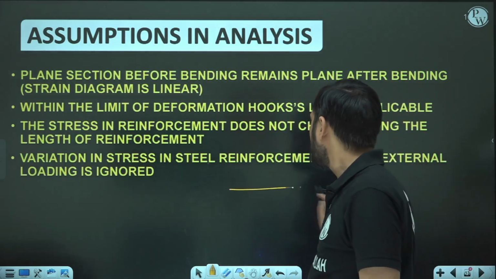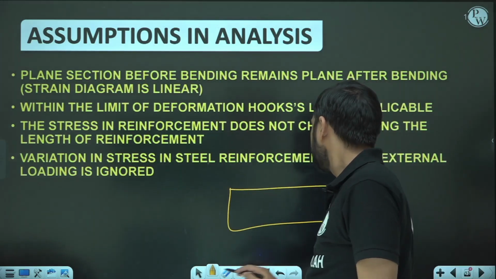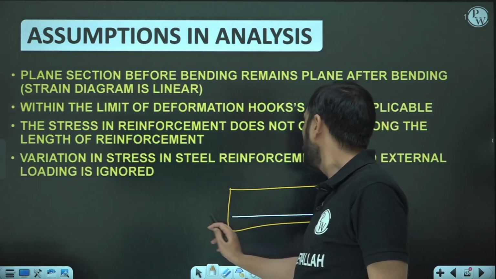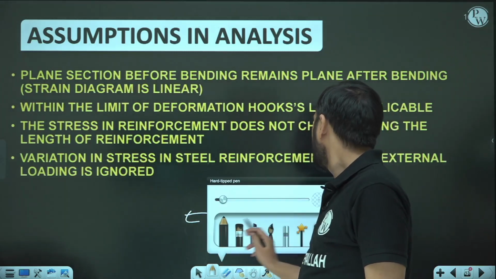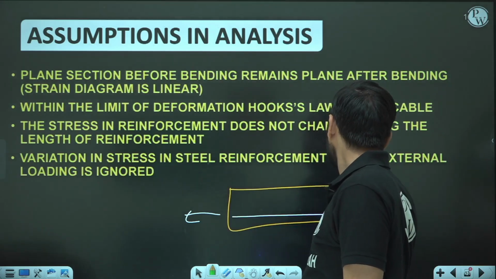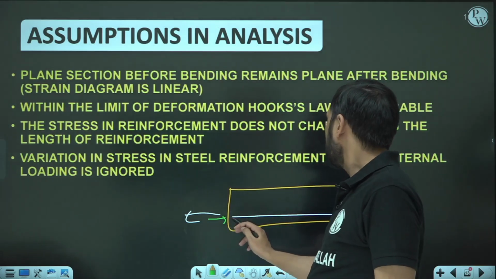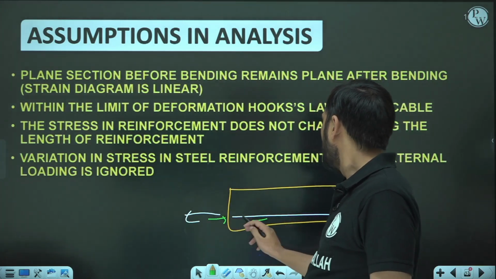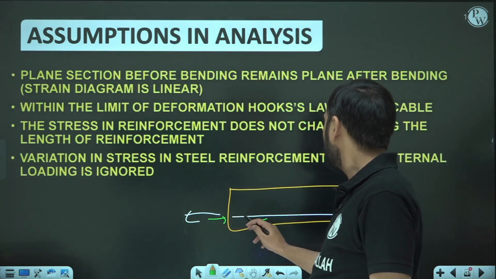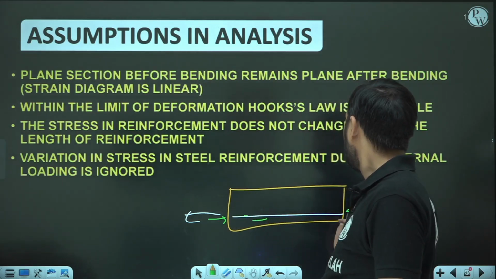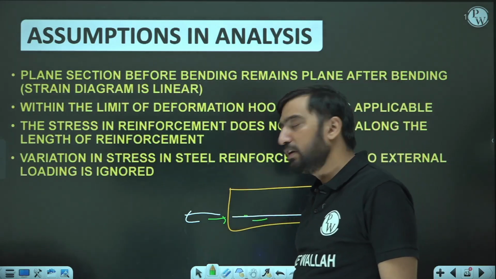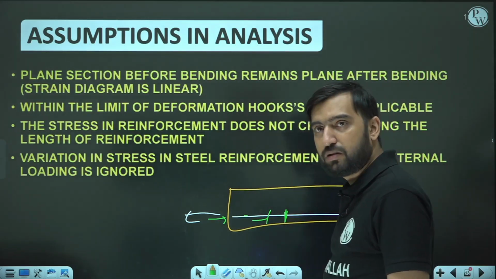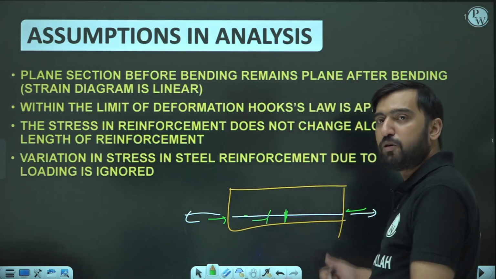If this is my structure and I am going to pull it or compress my concrete, there is a tension in the steel. So if you have applied 1000 MPa here, it is 1000 here, but as you come inward, due to the losses it would not be 1000 here or here, it would be least here if jacking is done from both ends.